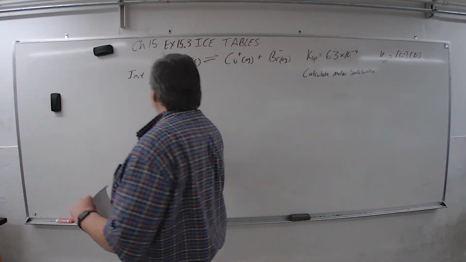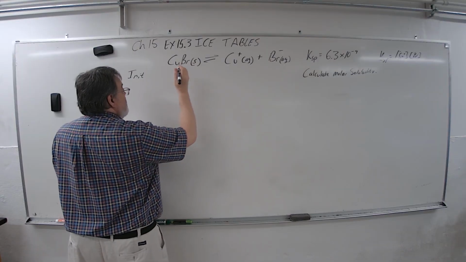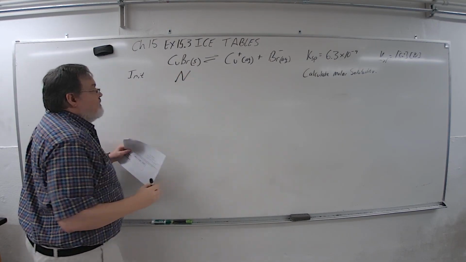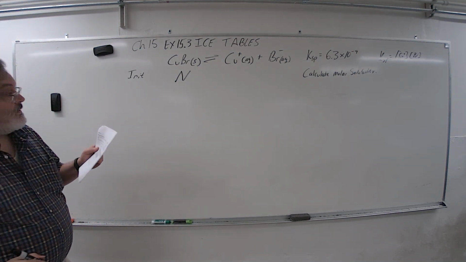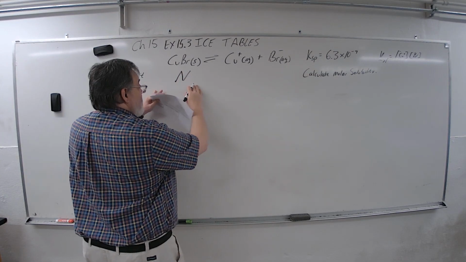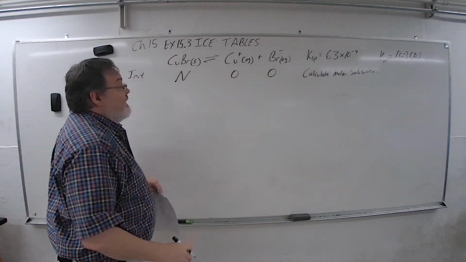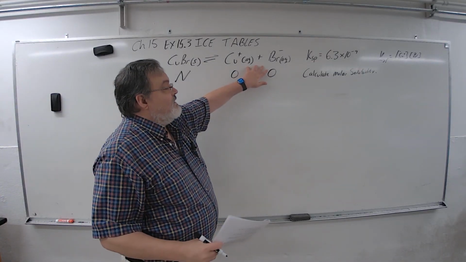We're not really going to do anything with it, but let me call it n. Okay, but let's say we put some of that in. This is 0, and this is 0. We're told the Ksp.